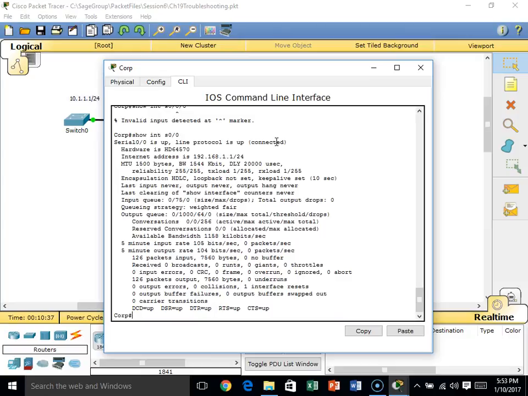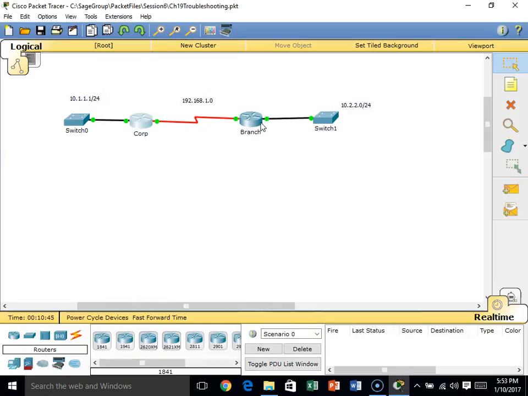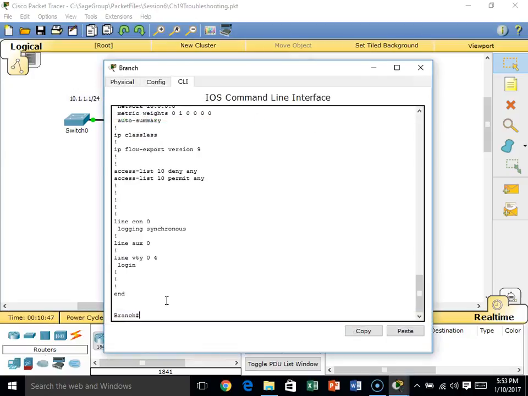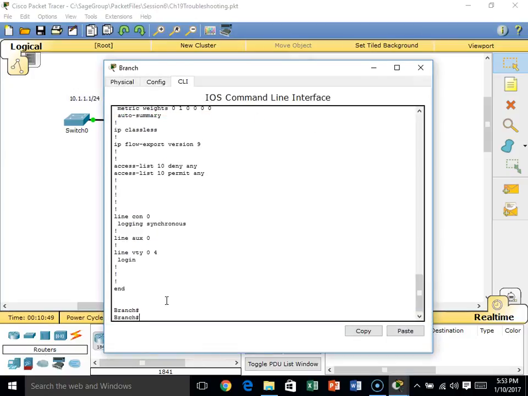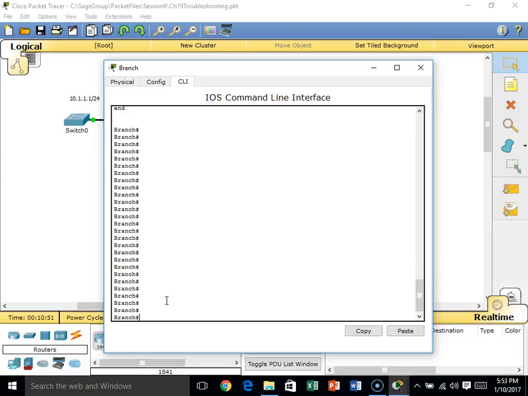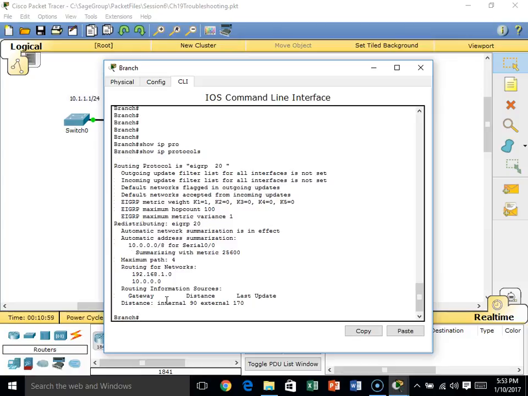So this one looks in pretty good shape, except for the auto summary. We fixed that. Now go to the branch, and the branch is the one where most of the errors are, by the way. So we could show IP protocols in this one.